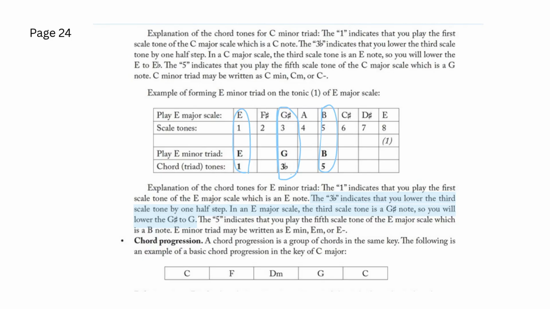So the third scale tone of an E major scale is G sharp. So we want to lower the G sharp by 1 half step. So it will go from G sharp to G. So it says 1, 3 flat, 5. That doesn't mean that it will be a G flat. It means that you will lower the third scale tone by 1 half step.